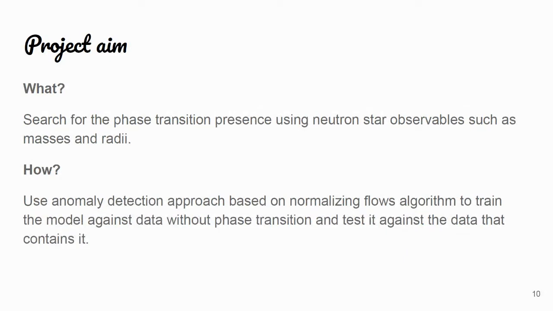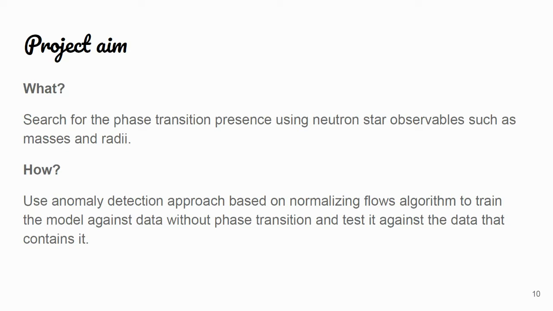So what exactly we wanted to do is to search for the presence of a phase transition using neutron star observables such as masses and radii. To do so, we decided to follow an anomaly detection approach based on the normalizing flows algorithm that I'm going to cover in a moment.